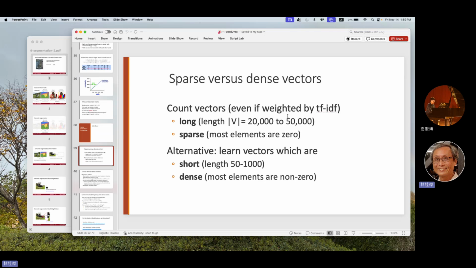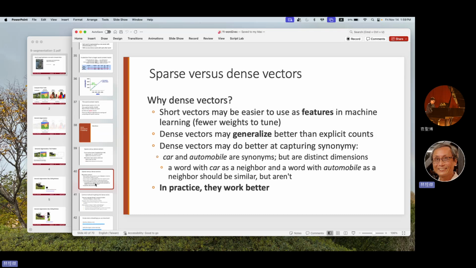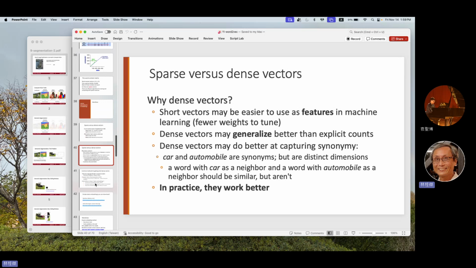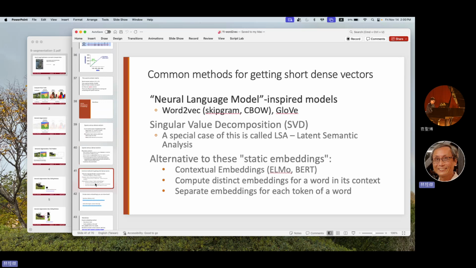In the counting vector, you need a big vocabulary to catch the meaning. But for word2vec, we usually have something maybe 50 up to 1,000, which is actually not quite true in large language models, but this is possible. Word2vec is something that many of the large language models have been using.